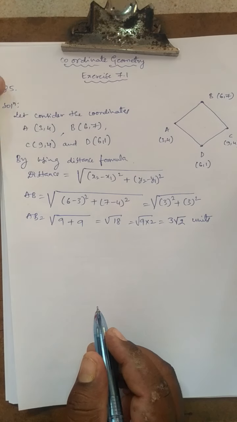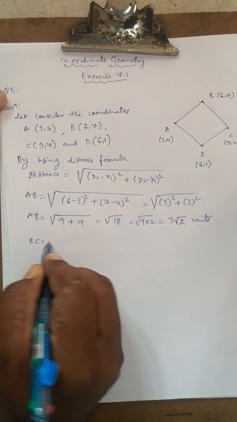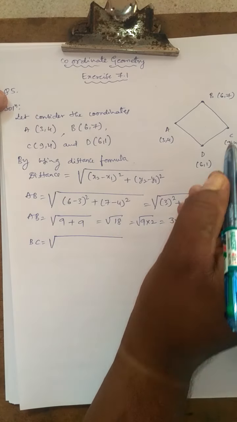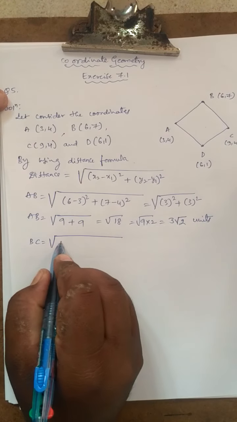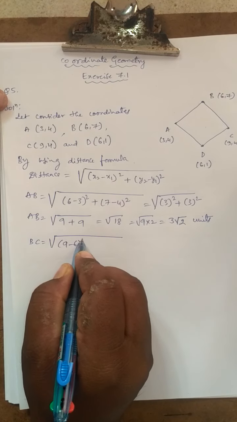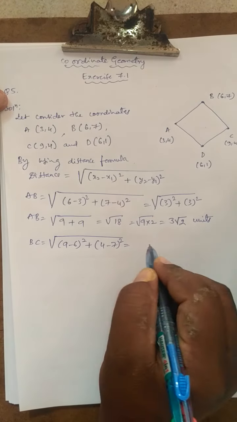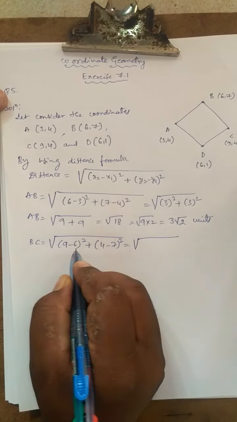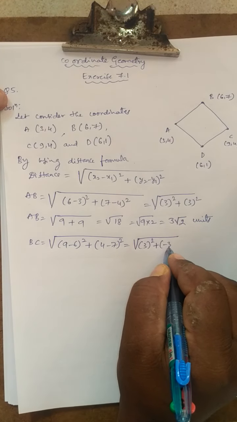Now we have to find the distance from B to C. BC is equal to the square root, taking this as x1 y1 and this as x2 y2. So what happens? 9 minus 6 square plus 4 minus 7 square. This is the square root of 9 minus 6 is 3 square plus 4 minus 7 is minus 3 square.